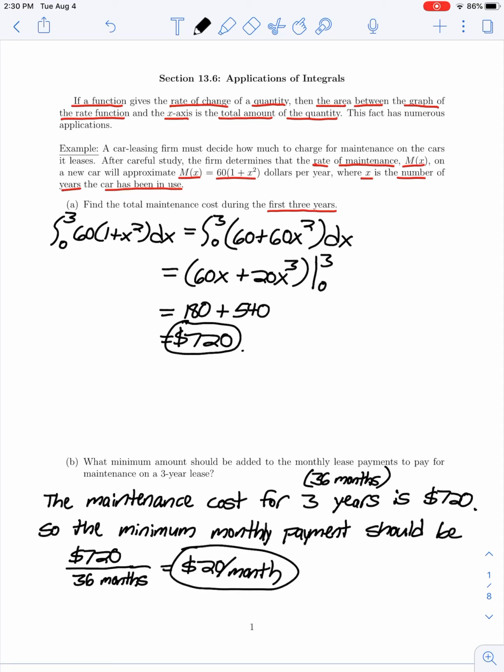So that would be the additional charge that would be needed to account for the maintenance on a vehicle over a 3-year lease.